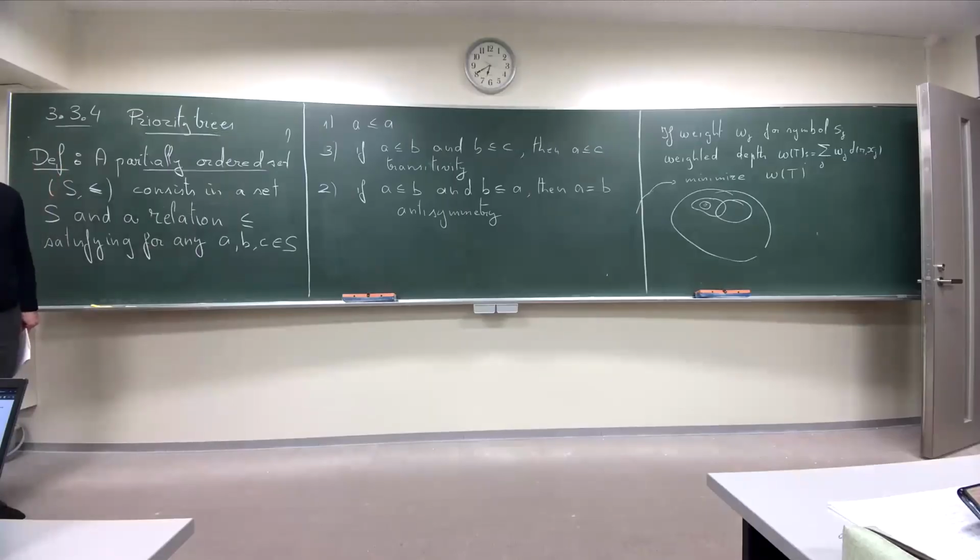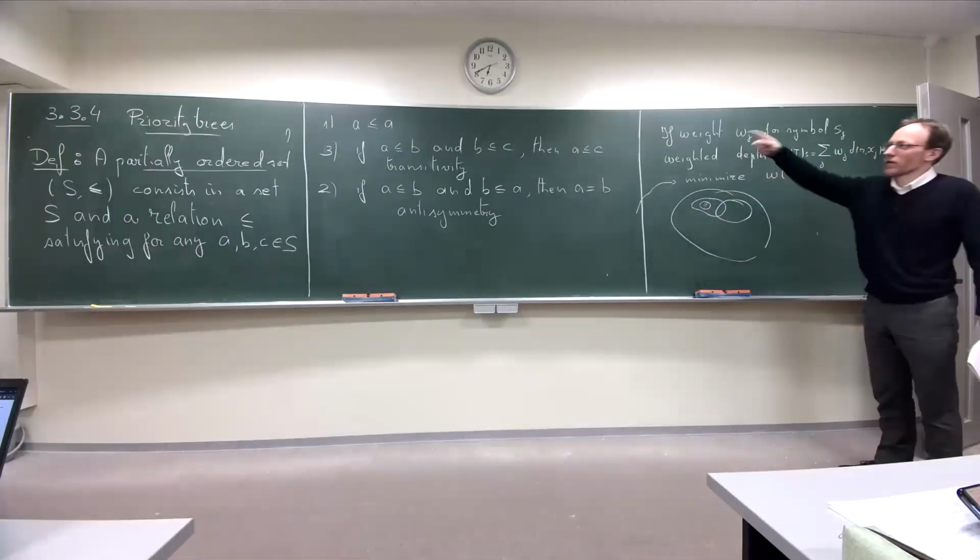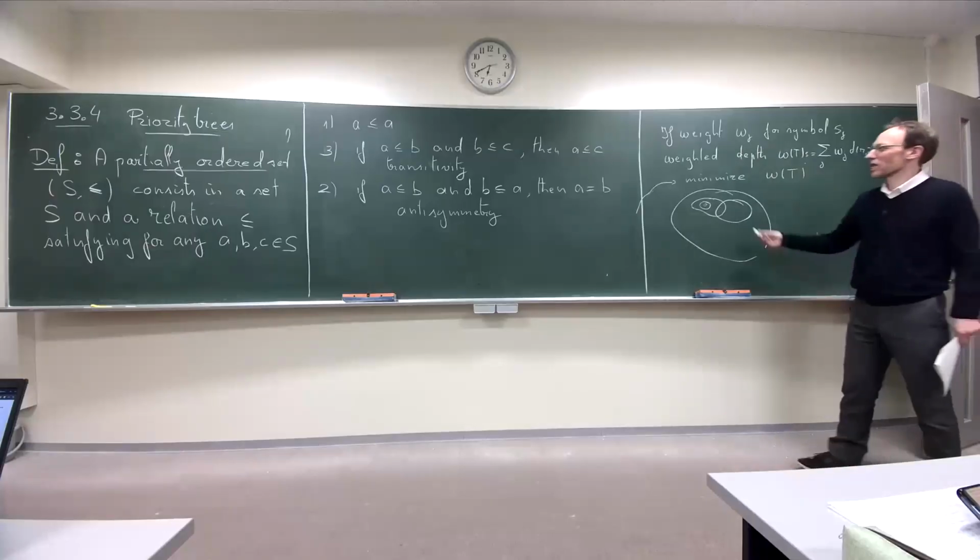These are the 3 conditions that this relation has to satisfy. But you observe one thing, it's different from the totally ordered set. In the totally ordered set, I was always able to compare 2 things. The third condition was always A is smaller than B or B is smaller than A. There's nothing similar here.